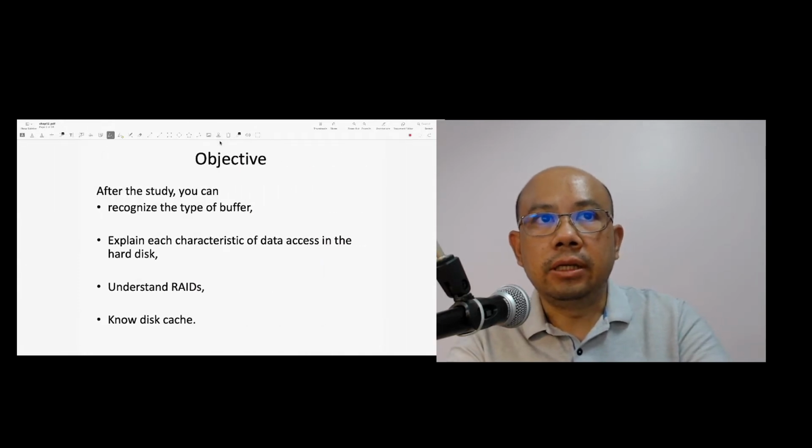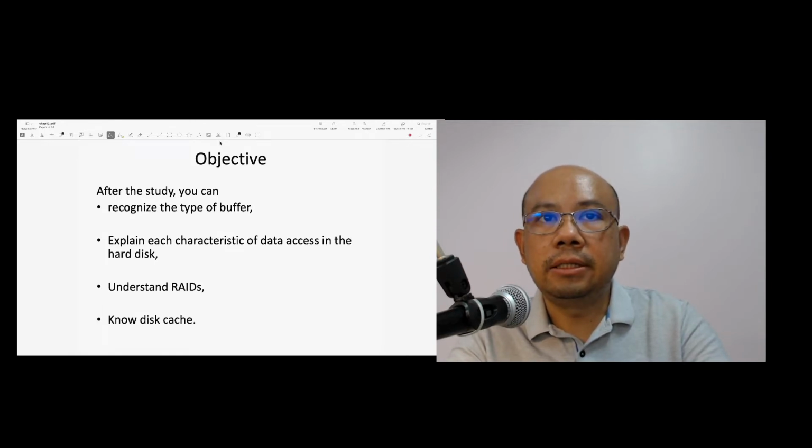After your study, you can recognize the types of buffers, and you can explain the characteristics of data access in the hard drive. In the example, this is first in first out data access in the hard drive.